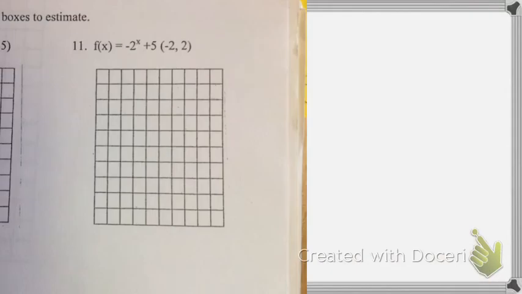So now we're going to do number 11. Going from negative 2 to 2. So here's negative 2, here's 2. Again, I'm just going to plug that in the calculator.